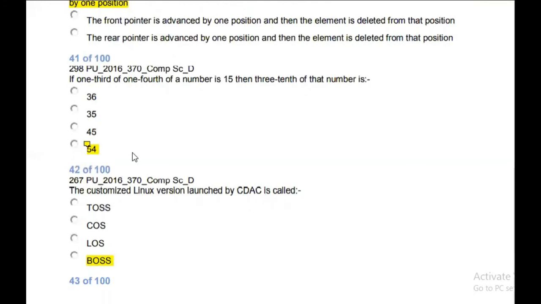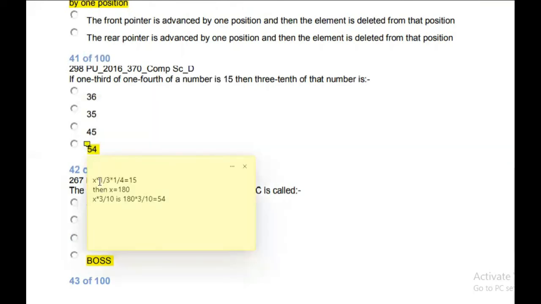If one-third of 1/4 of a number is 15, then 3/10 of that number is option D. Let x be our number. x into 1/3 into 1/4 is equal to 15, then x would be 180.